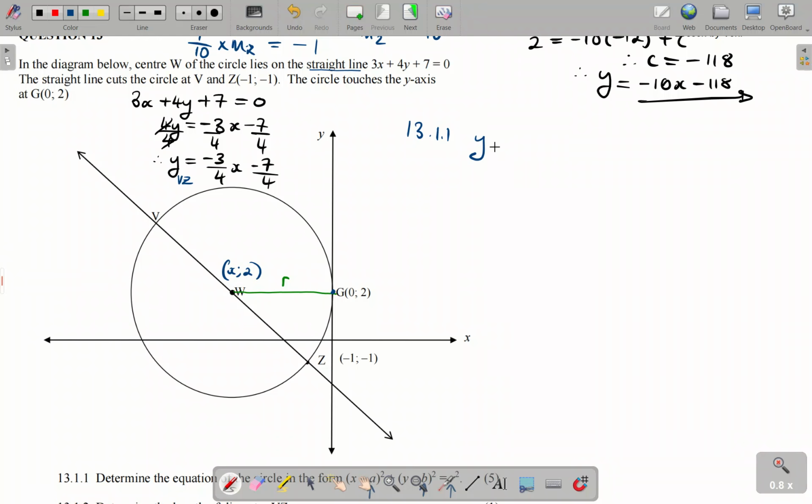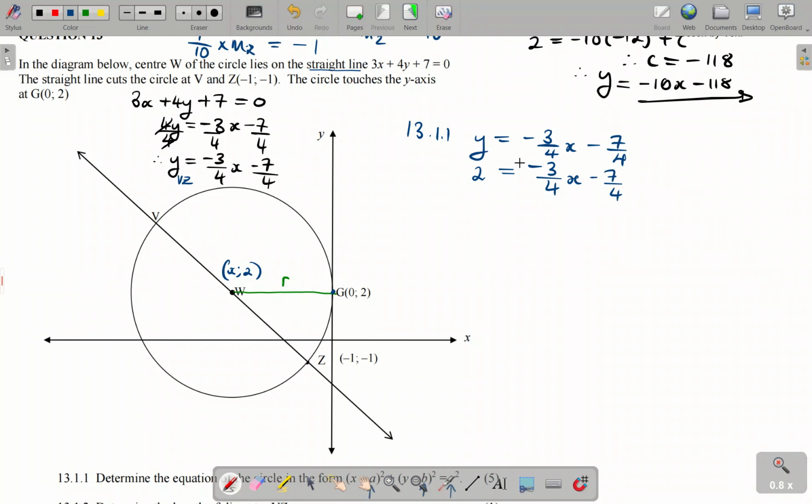So y equals negative 3 over 4 x minus 7 over 4, and the value of y is 2, which equals negative 3 over 4 x minus 7 over 4.